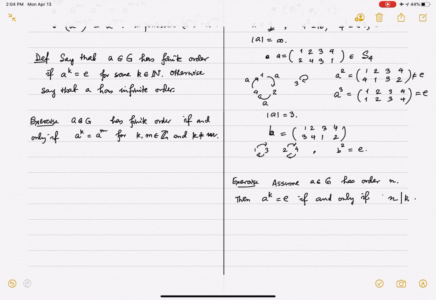Because if it has order n, that means a to the n is identity, so a to the 2n is also identity, a to the 3n is also identity, a to the minus n is also identity. So any multiple of n, power of a is identity. But you can check the converse as well. And in the same vein, two different powers a to the k and a to the m are the same if and only if their difference is divisible by n, which means k is congruent to m mod n.